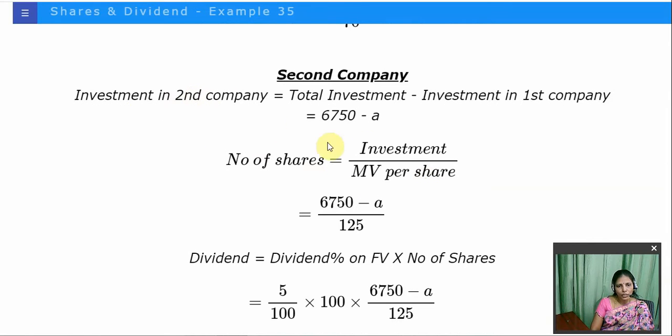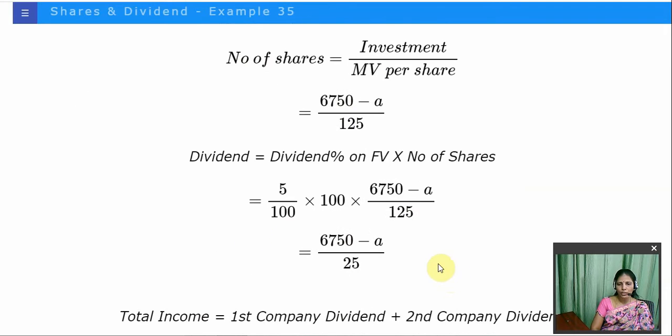The investment in the second company is 6750 minus A, the remaining amount. Here also you need to find the income, that is the dividend. To find the dividend, you should know the number of shares. So first find the number of shares, then substitute and find his dividend, his income.